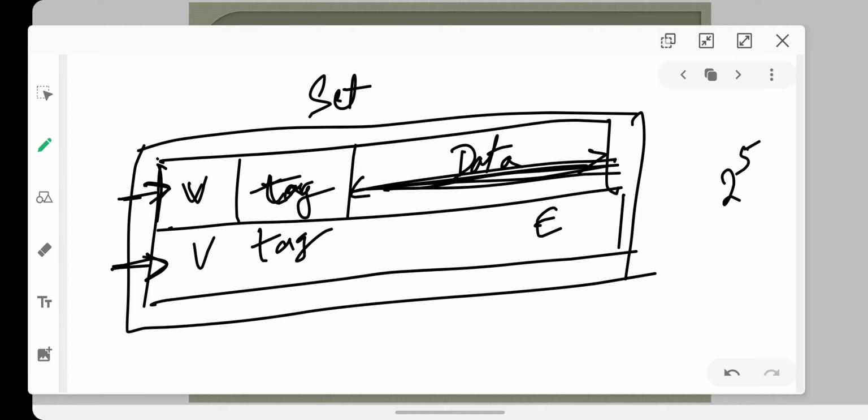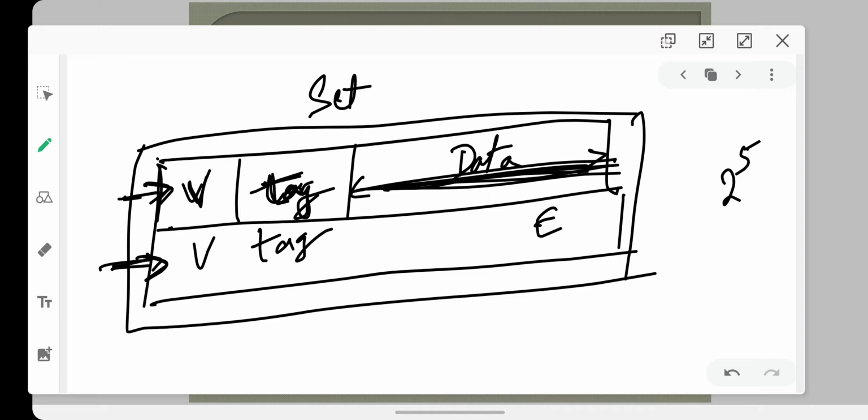I'll repeat it. Each set is going to have one or more lines or blocks of data, and each line is going to have one valid bit, some tag bits, and some data bits.